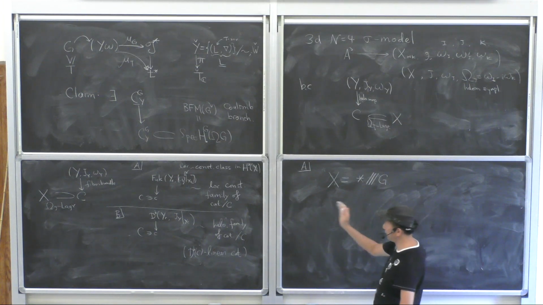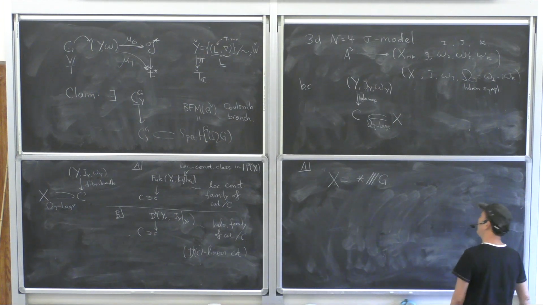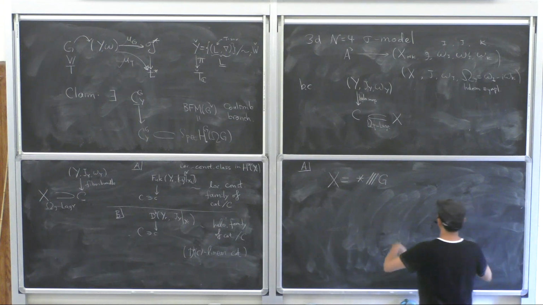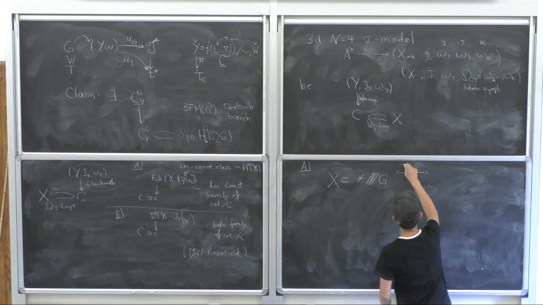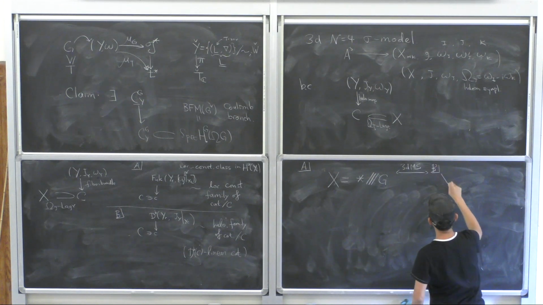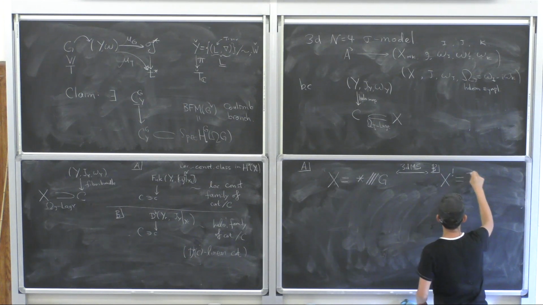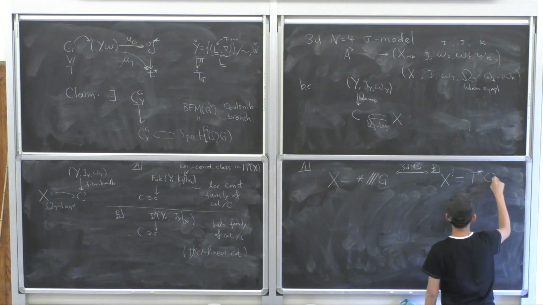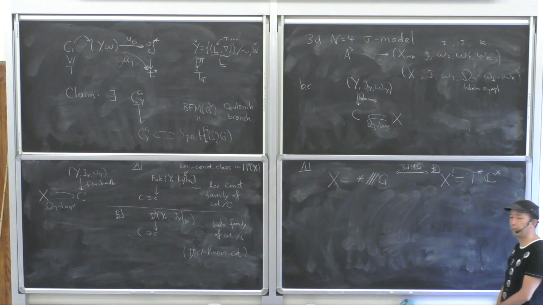I'm just looking at a particular object so that we can understand what is happening, rather than defining the whole thing, like what a Fukaya category is. So just look at a particular object in this setting, and then the so-called 3D mirror symmetry says that this object is related to another hyperkähler manifold. In this case, this is quite easy to describe. This is just a cotangent bundle of C star.